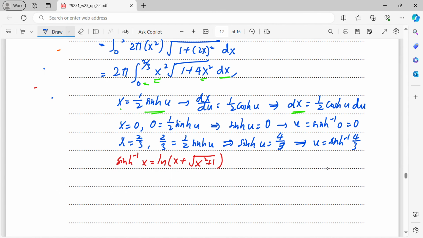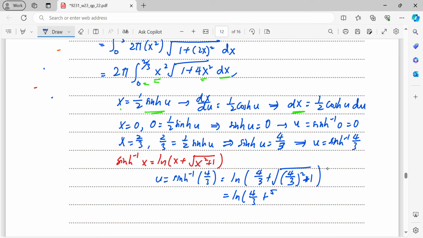That means now my u is inverse sine 4 over 3. That is ln of 4 over 3 plus square root of 4 over 3 squared plus 1. When you simplify this, it is ln of 4 over 3 plus 5 over 3. At last this is ln 3. That means when x equals 2 over 3, my u is ln 3.